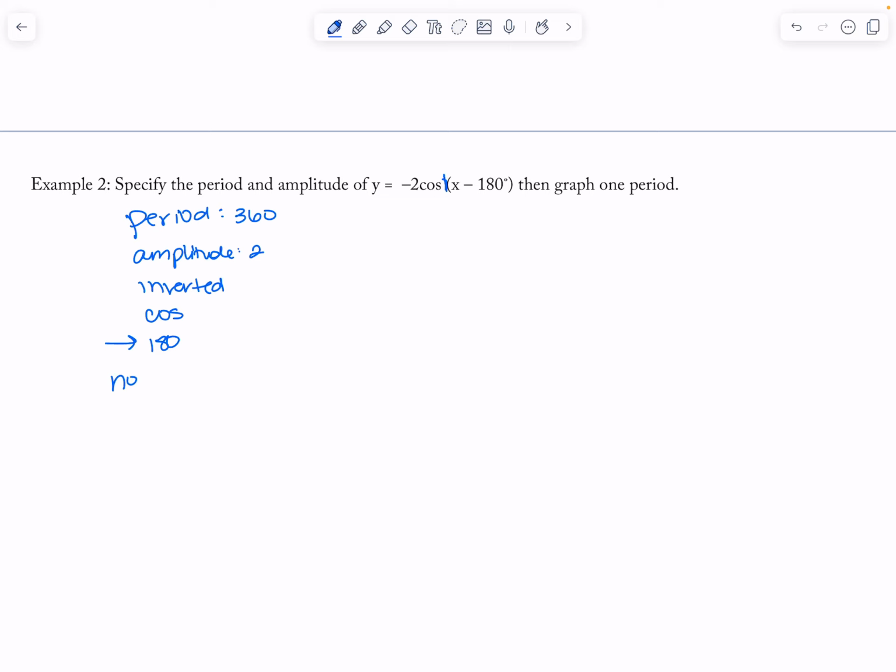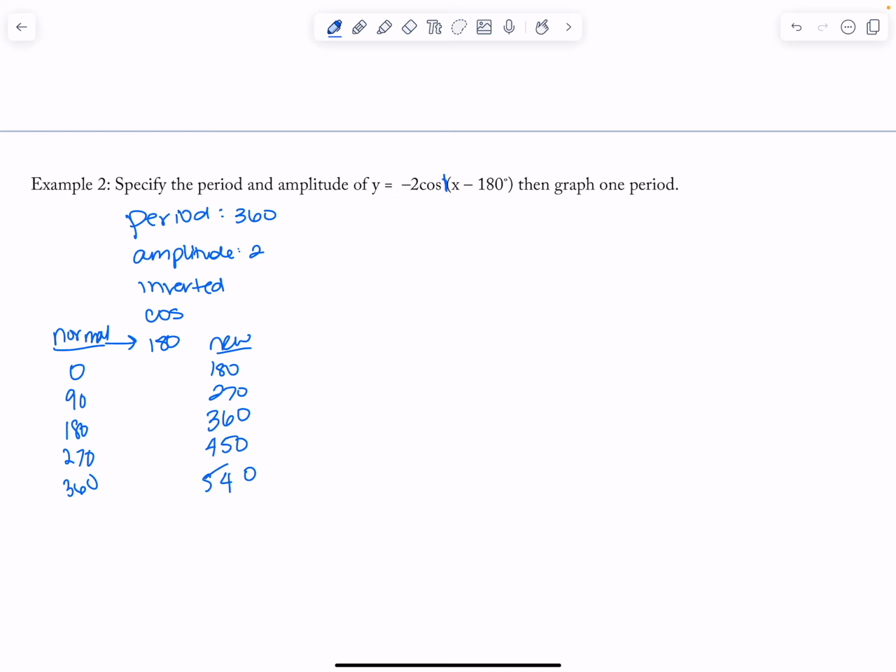So normally, in the new ones, so 0, 90, 180, 270, 360. So add 180, so 180, 270, 360, 450, and 540.